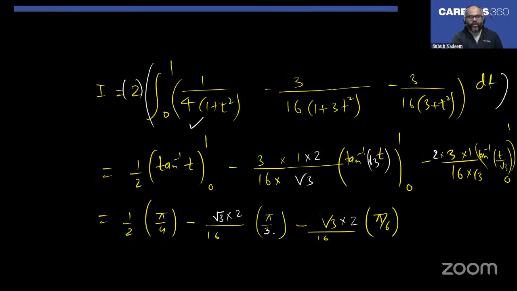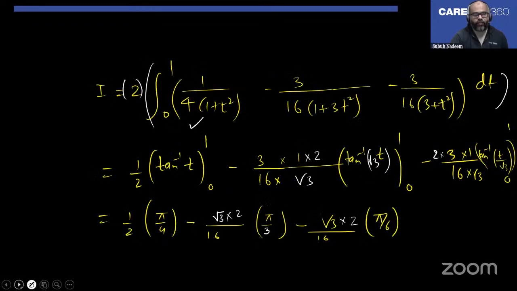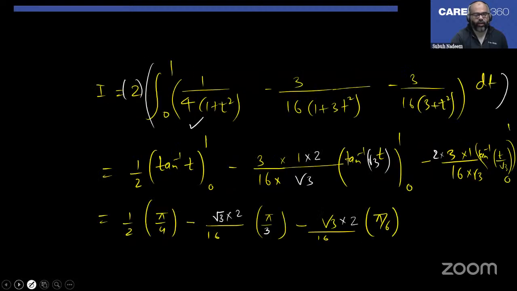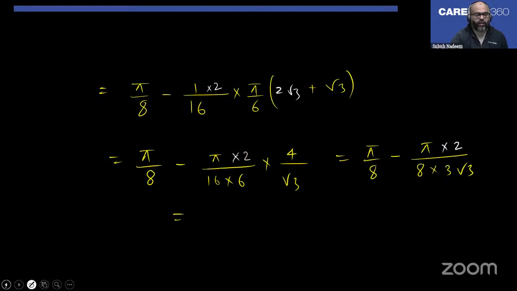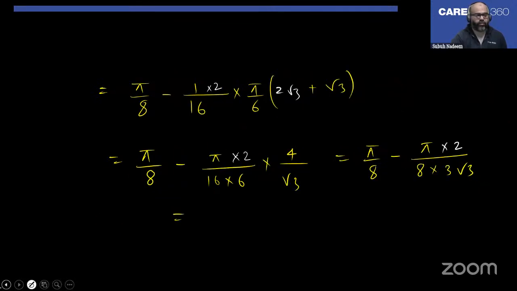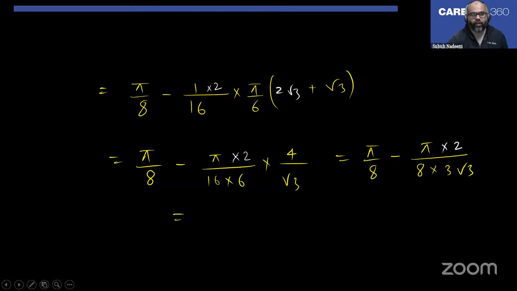Because when you put 6 here by multiplying with 2, 1, 2 will go there. So 2 root 3 it will become, and 1 by 16 into 2 we have already taken common, and pi by 6 also. Another one will be plus 2 by 16 pi by 6. So it will become root 3, so this will become 3 root 3.